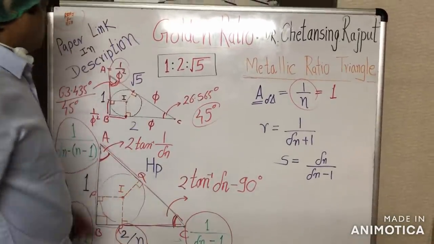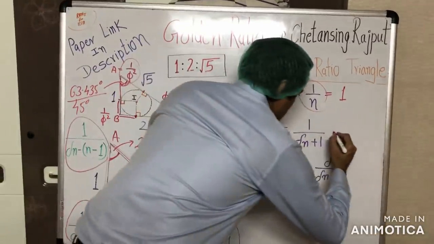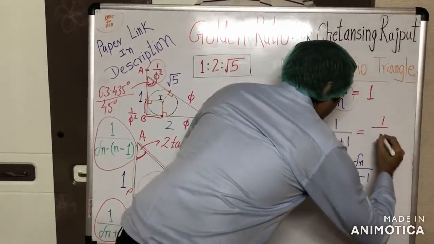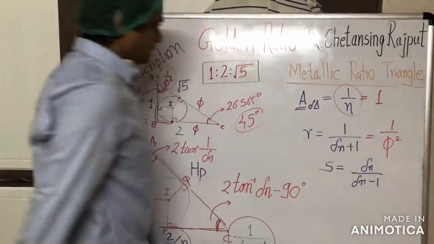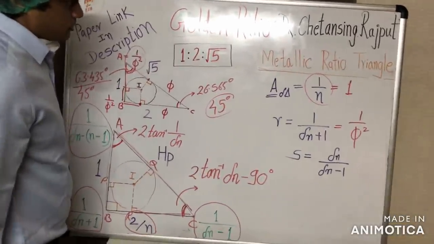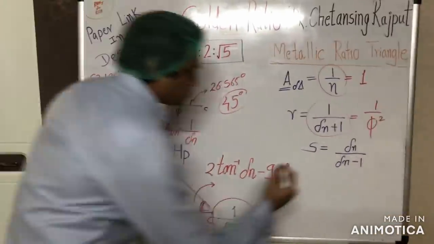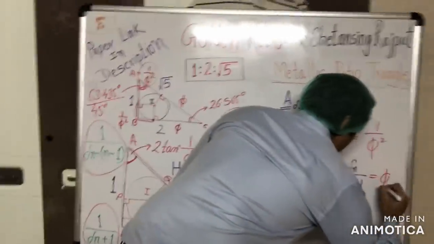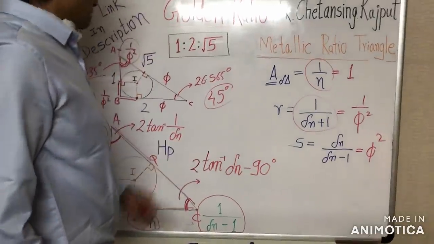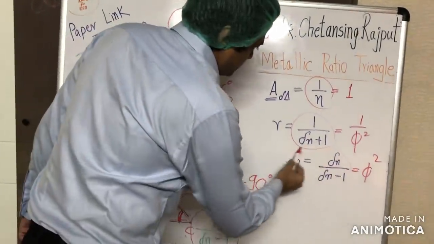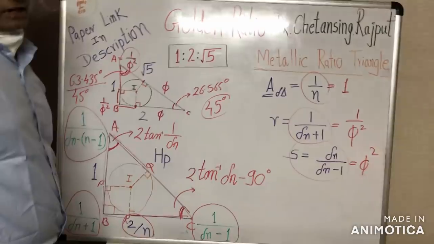The inradius of the golden ratio triangle was 1 upon root 5; it can be generalized for the generalized triangle as 1 upon metallic mean plus 1. The semi-perimeter for the golden ratio triangle was root 5; it can be generalized here as that metallic ratio upon that metallic ratio minus 1.